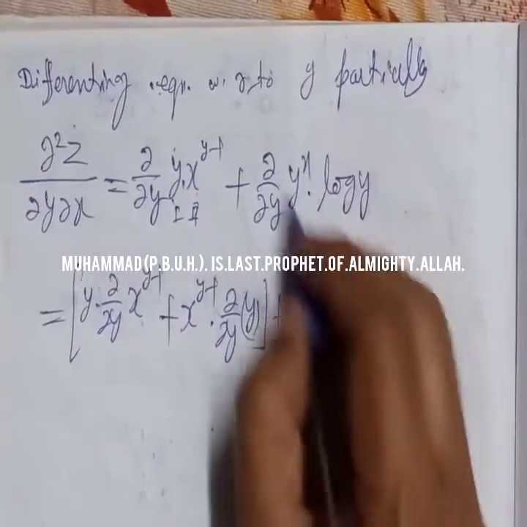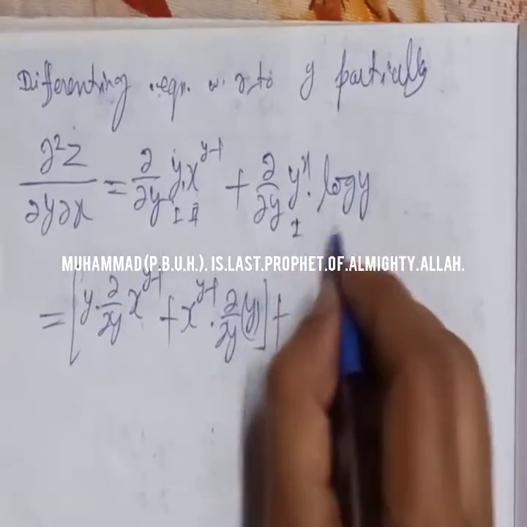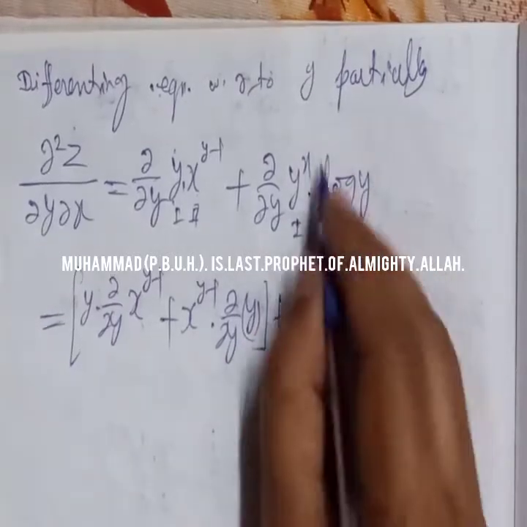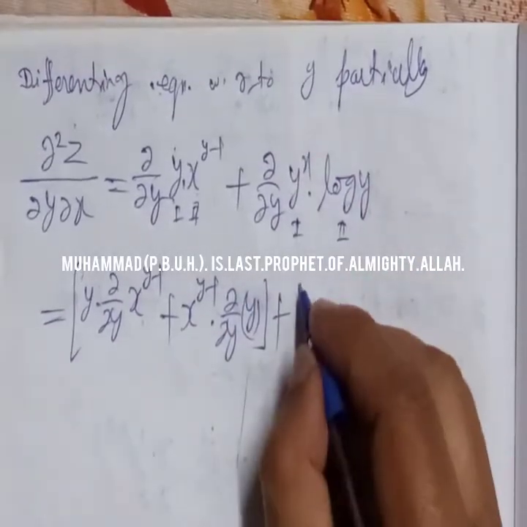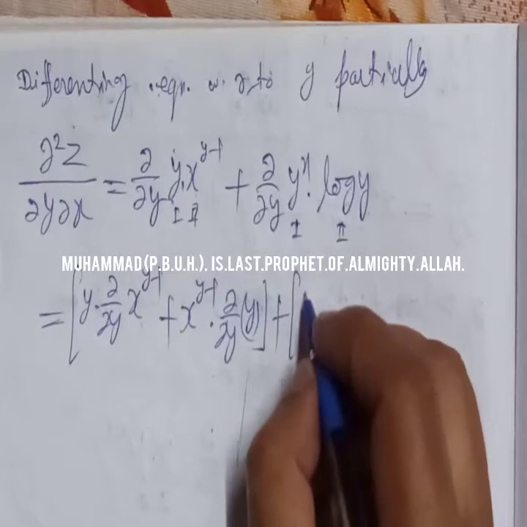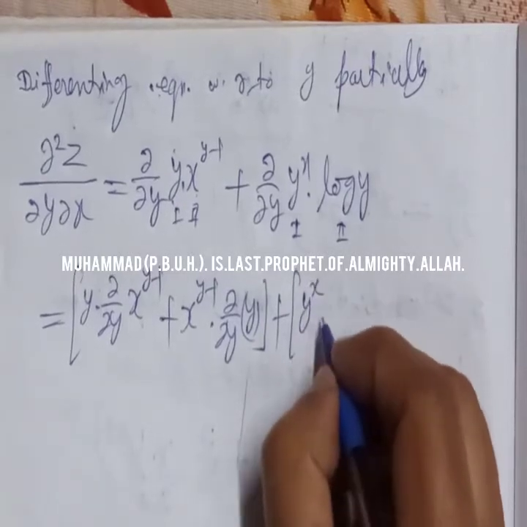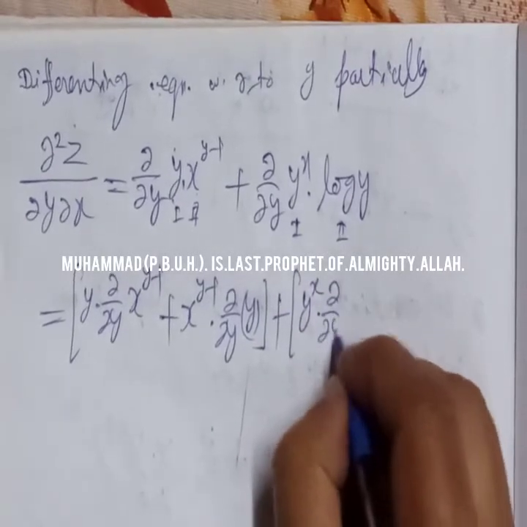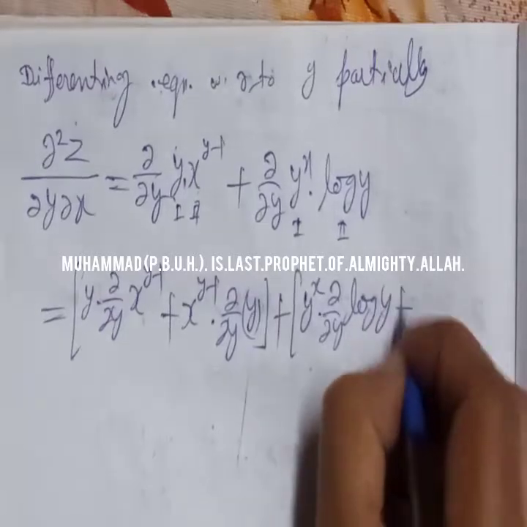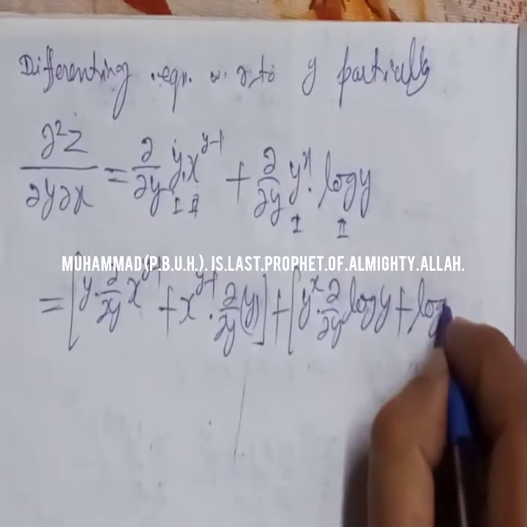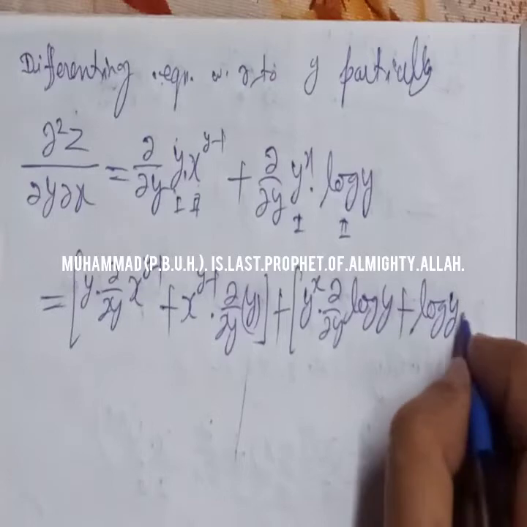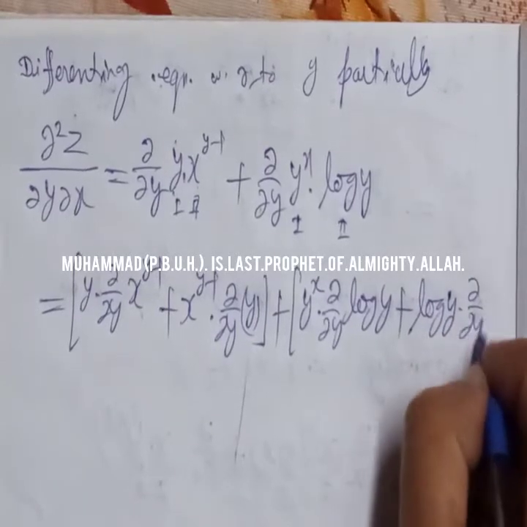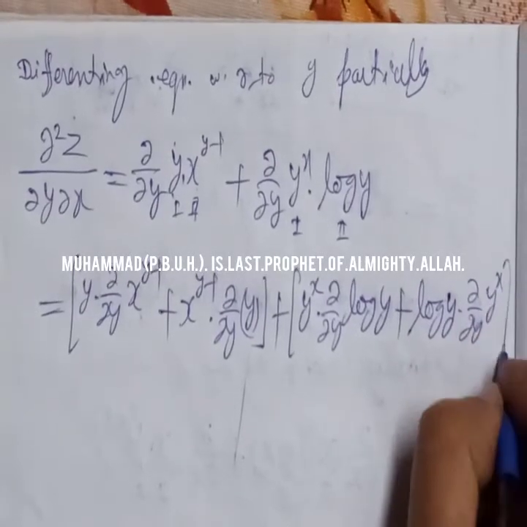Apply this product formula also for these functions. Consider y to the power x as first function, write first function as it is, differentiation of second function, plus write log y, first function as it is, differentiation of first function.